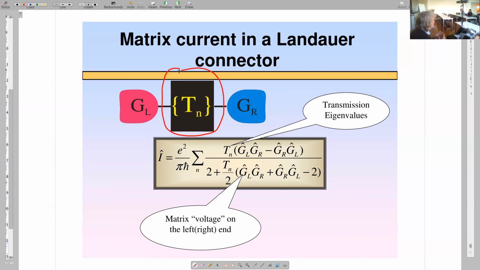So we can treat any nanostructure, or any element of this nanostructure, as a black box characterized by a set of transmission coefficients. Fortunately, the matrix current through such a connector is universal. It does not depend on a concrete choice of matrix voltages.